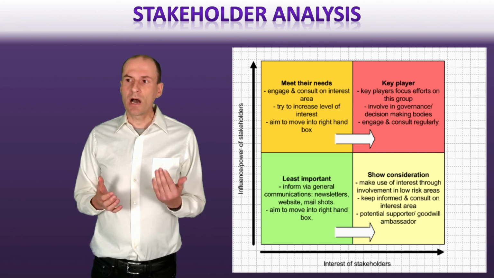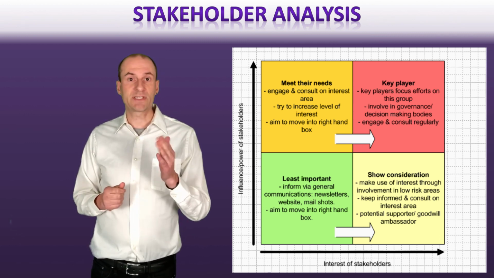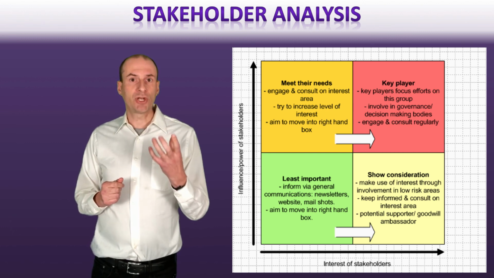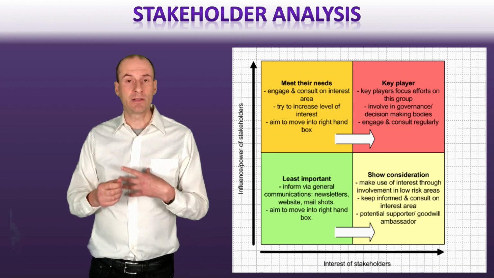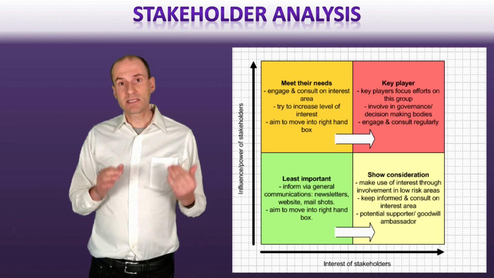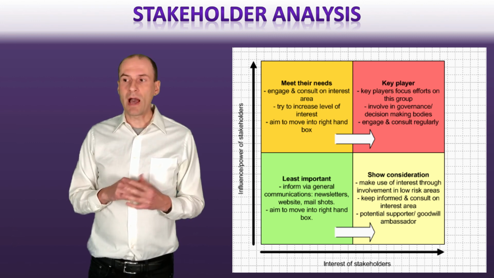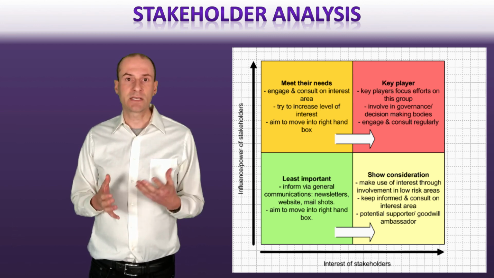There are two axes here. The first is the influence of a stakeholder: how much influence would that stakeholder have on the decision about whether or not to go forward? The second axis at the bottom is the interest of the stakeholder: how interested are they in this process?